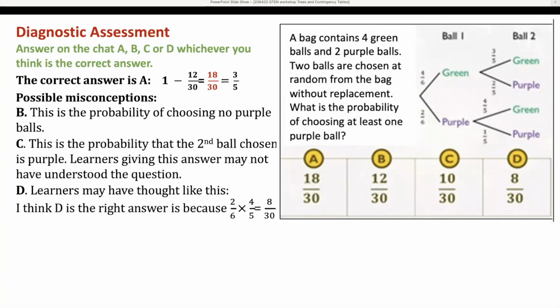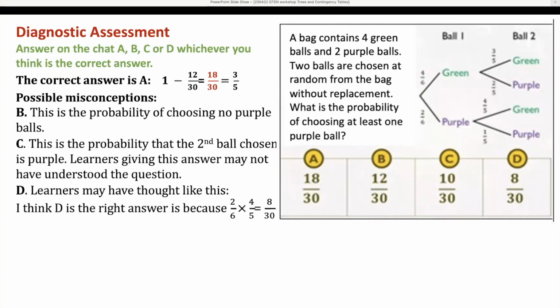So the probability of the second ball, whatever color, depends on the color of the first ball. So these are not equal probabilities. It's not like tossing a coin or the children in a family. These are dependent.